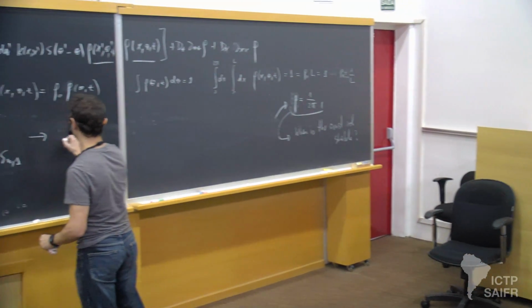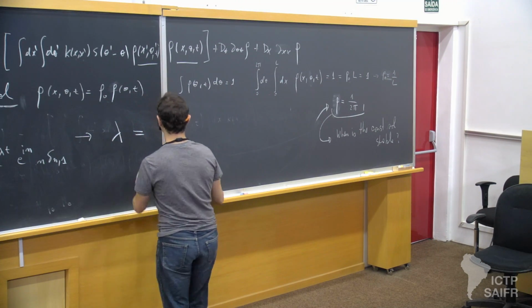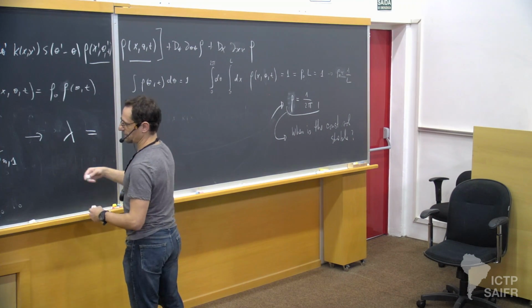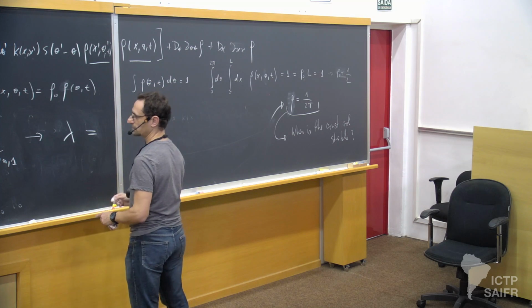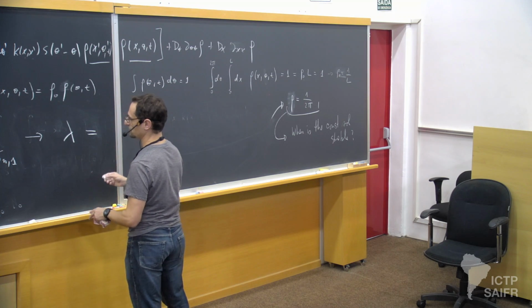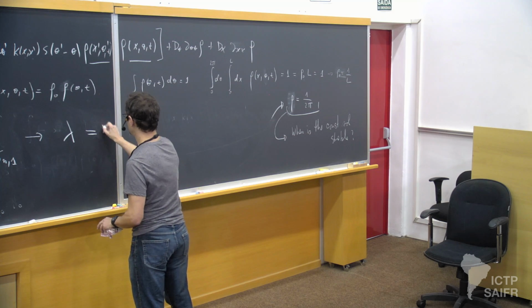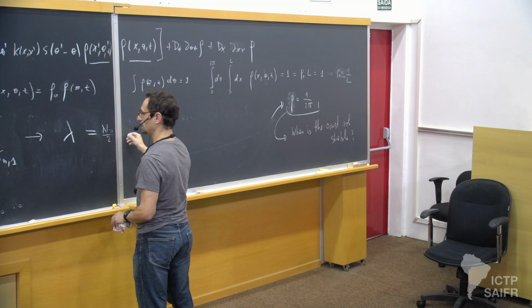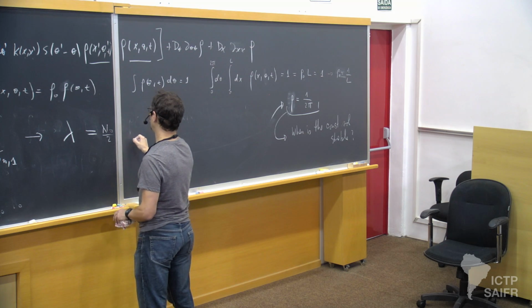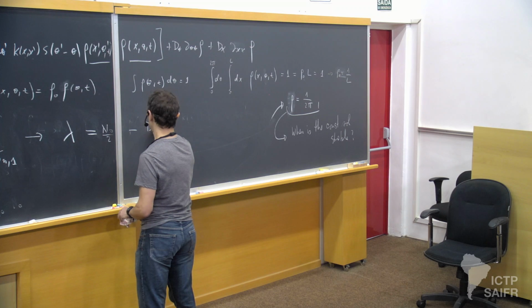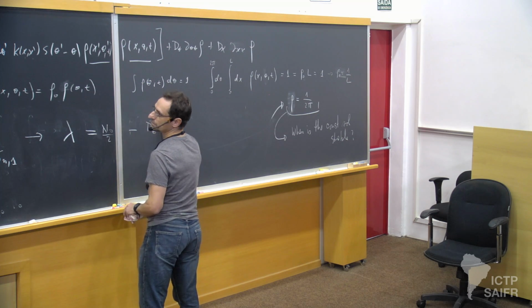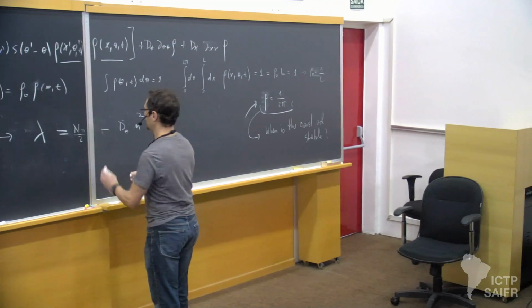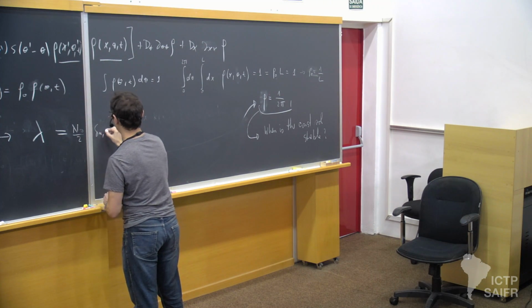From all this, lambda is equal to something divided by epsilon, and so on. So I'm putting the result: 0, 2, this is a 1, and this is minus d theta n squared, and this is a delta n1.